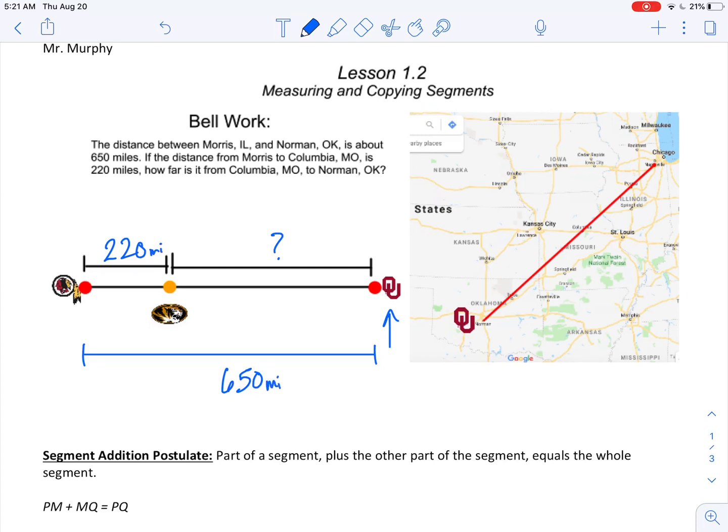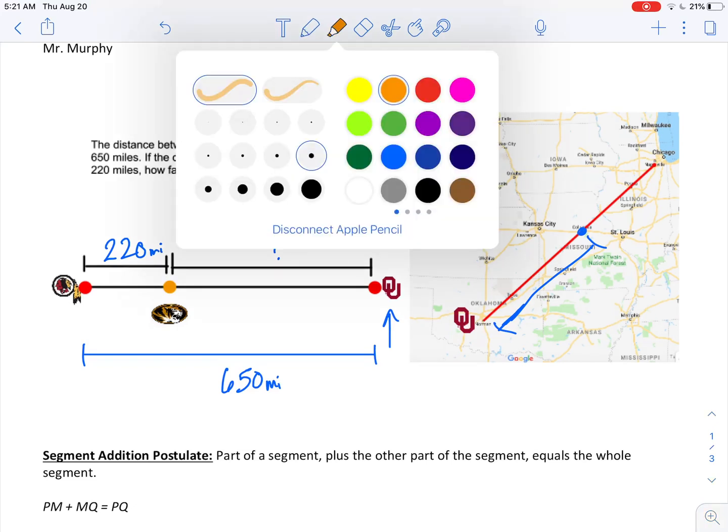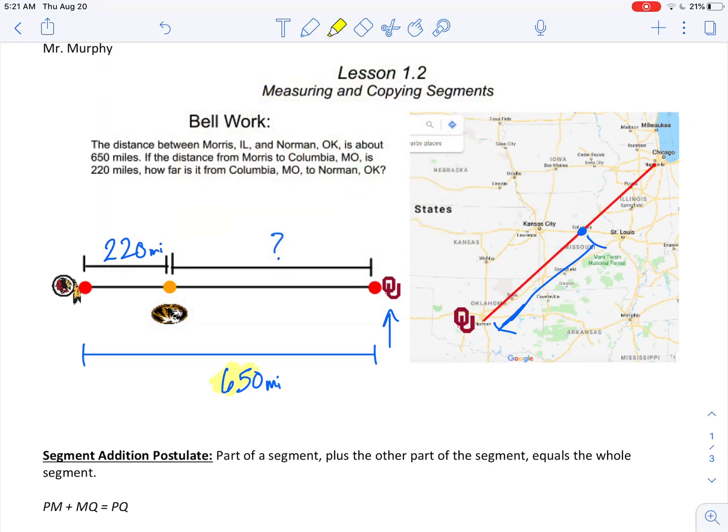So the whole thing is 650 miles. The first part of my journey is 220 miles. I want to know how far I have to go here from Columbia to Norman. So what we can do is we can take our total of 650 and subtract our part.